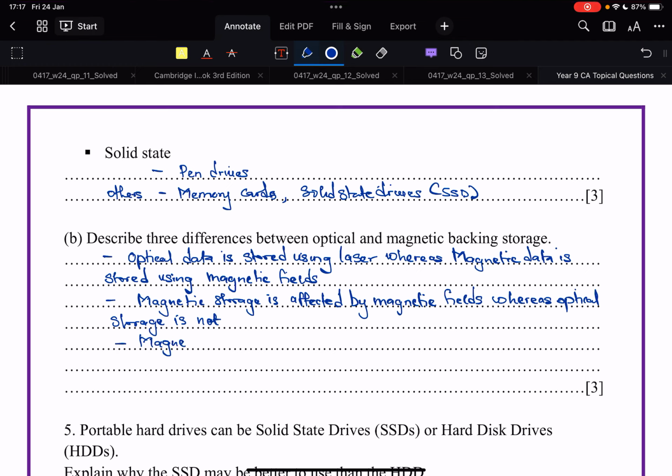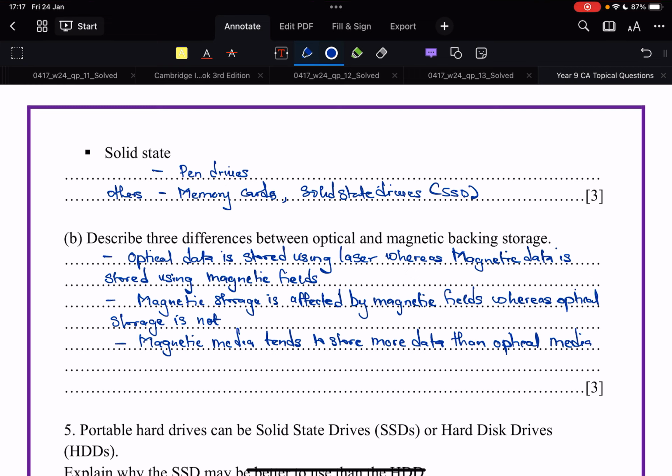Magnetic media tends to store more data than optical. And we know this to be true even with the dual layering.